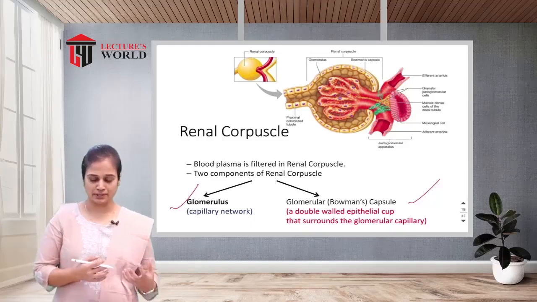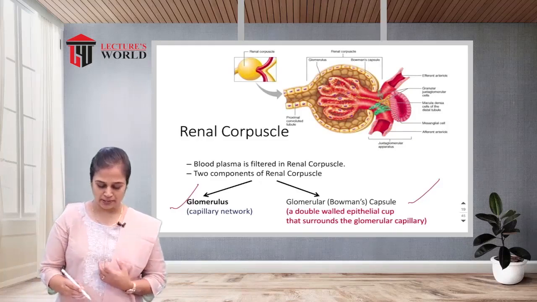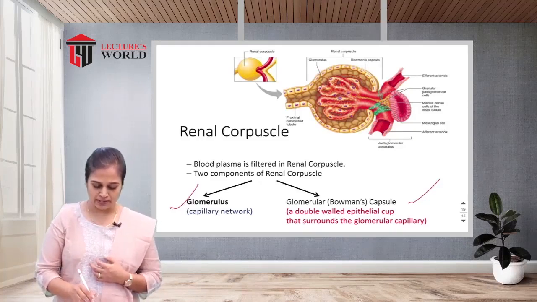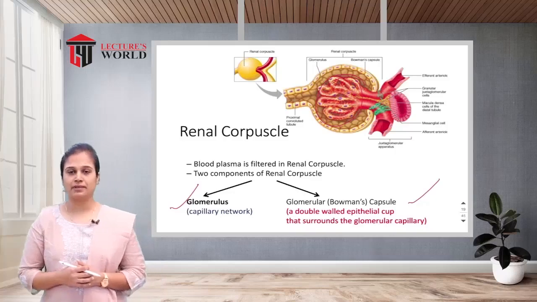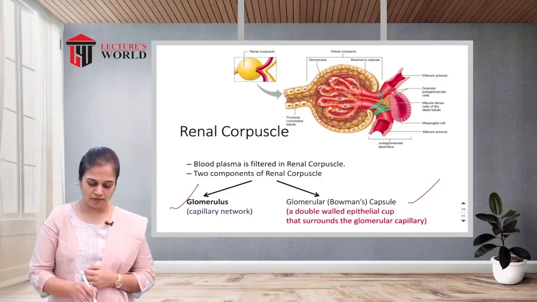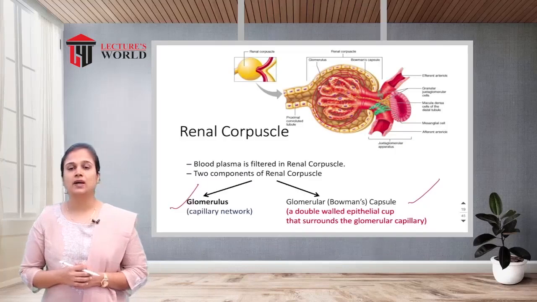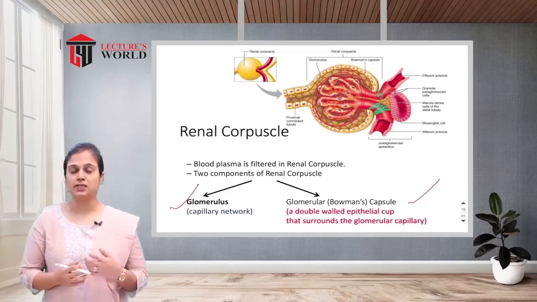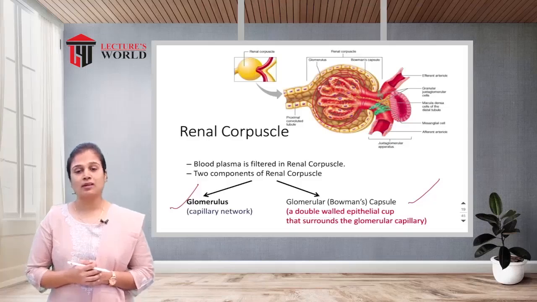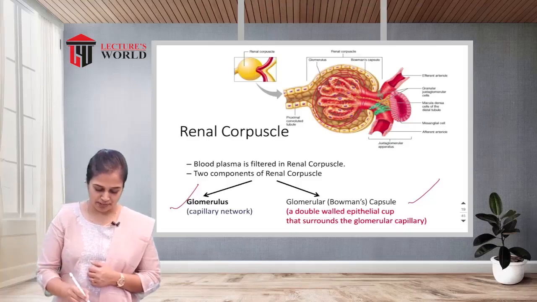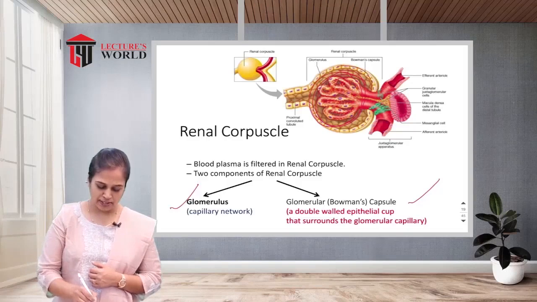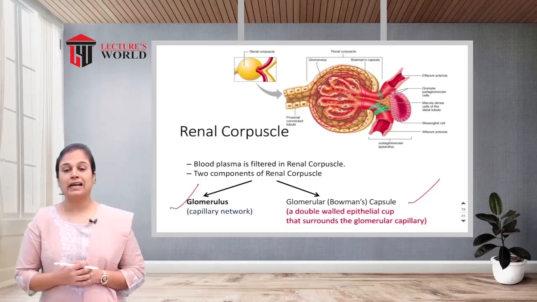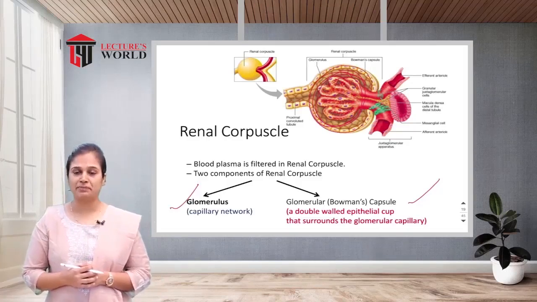The glomerulus is a network of capillaries, whereas the glomerular capsule is a double-walled epithelial cup that surrounds the glomerular capillaries.